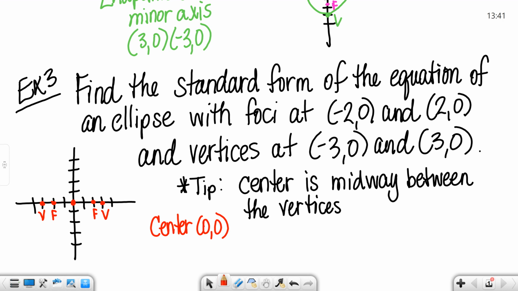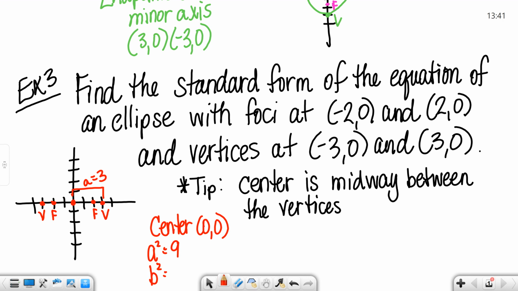The other things I need in my equations are a squared and b squared. Right? Well, a squared I know. A is the distance from the center to the vertex. So in this case, a is 3. So a squared is 9. 3 squared gives me 9.